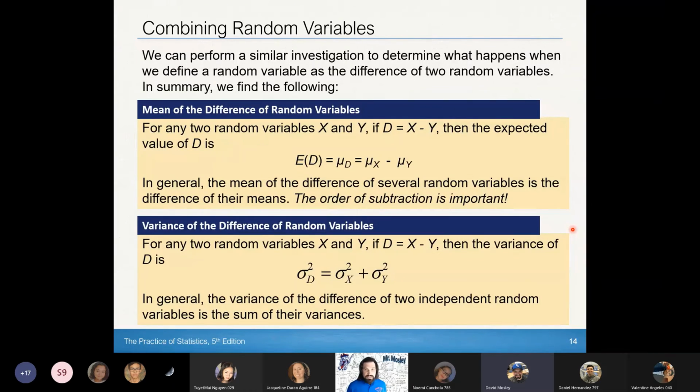So when you're subtracting, that means subtract, but if you're adding or subtracting, variances add. In general, the variance of the difference of two independent random variables is the sum of their variances. But do pay attention here: this is for two independent random variables.